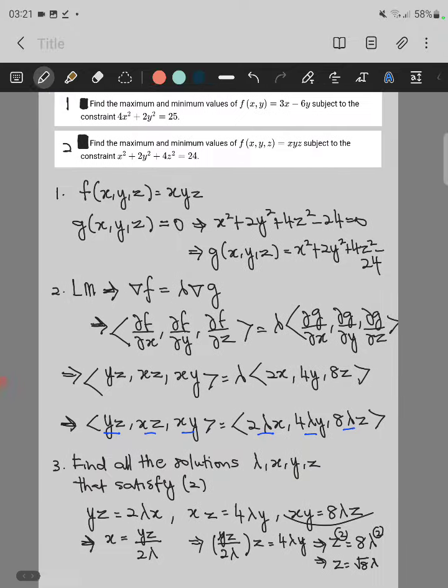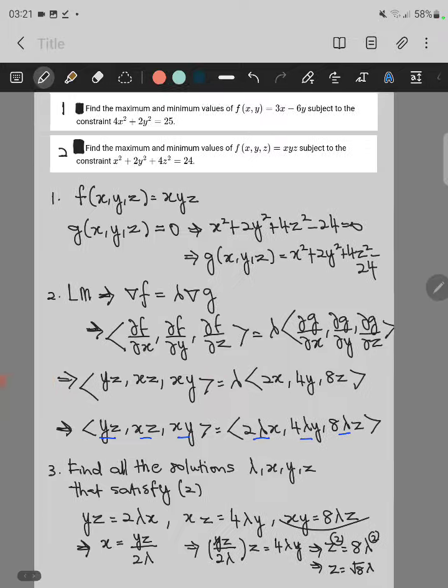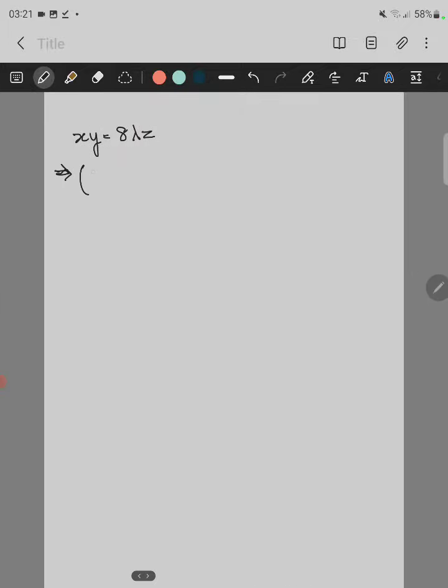We know that our x here equals yz over 2 lambda, and then y is equal to 8 lambda z.